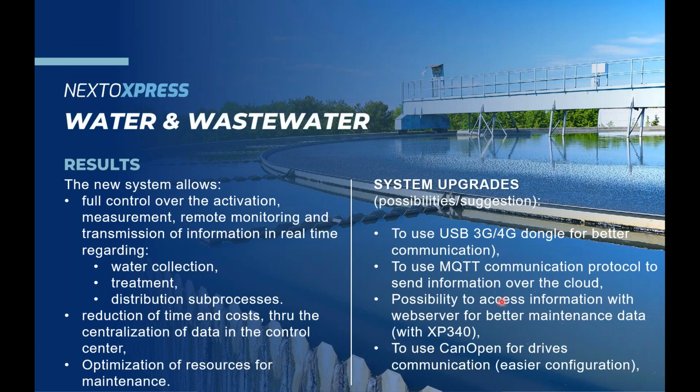Another thing, instead of using the 325 Express, I would suggest using the 340. Why the 340? Because the 340 has an embedded web server. So if the technician goes to the field and wants to have all the information on a tablet, he can get it directly from the field and do the maintenance from there without having to call the control center.